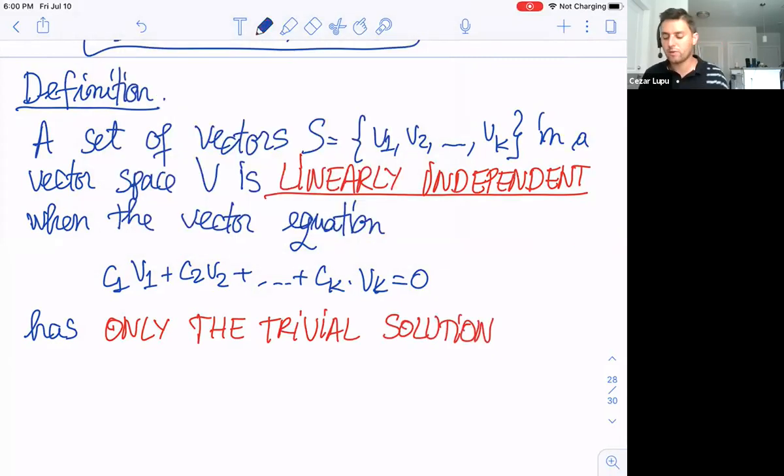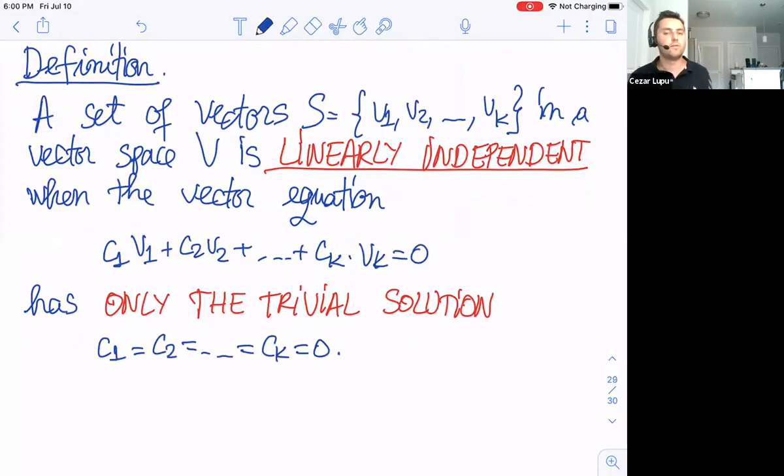And when I say the trivial solution, I mean C1 equals C2 equals all the way to CK equals 0. Okay, so that's the definition of linear independence. You look at the vector equation, and the conclusion you have to draw is that the scalars must be all 0.